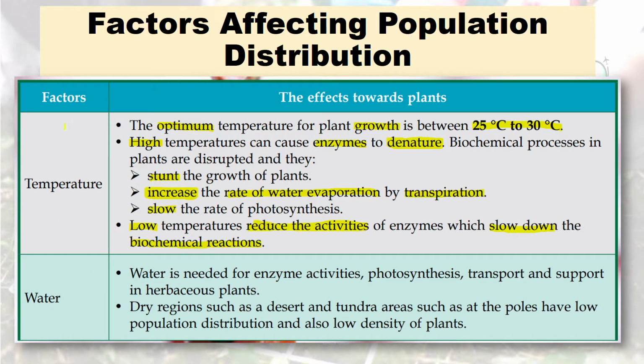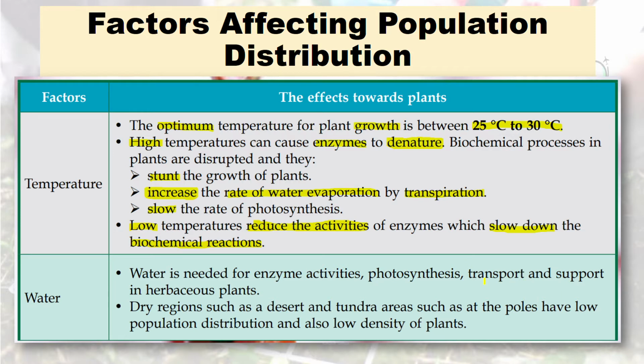Okay, next factor is water. Okay, we know that water is very essential. Enzyme activities needs water by the names hydrolysis. Hydro itu sudah menunjukkan kehadiran air yang begitu penting. Okay, so water is needed for enzyme activities. Okay, for photosynthesis, definitely, because masih ingatkah proses photolisis itu yang memerlukan kehadiran air.